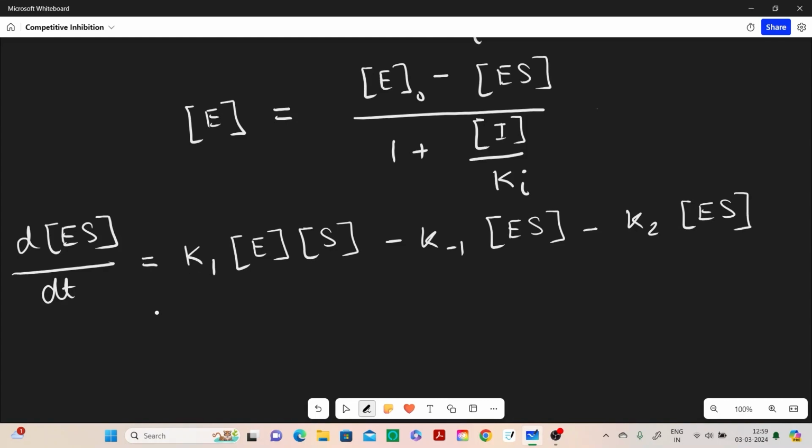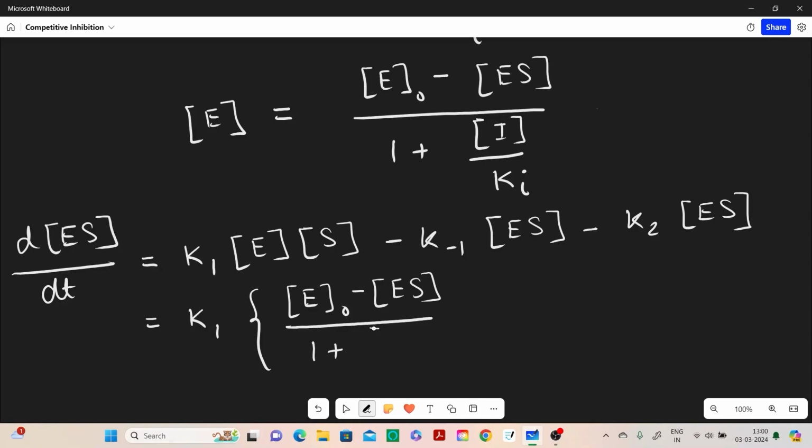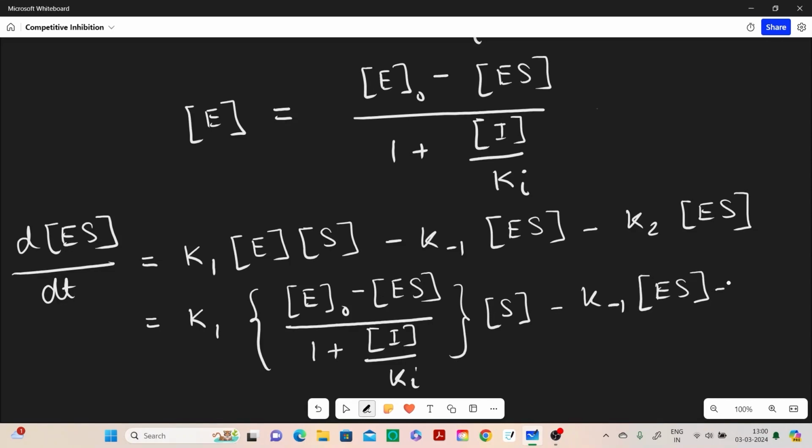So we will put down E here, so it becomes K1 into E naught minus ES divided by 1 plus I by Ki, into S, minus K minus 1 ES, minus K2 ES.